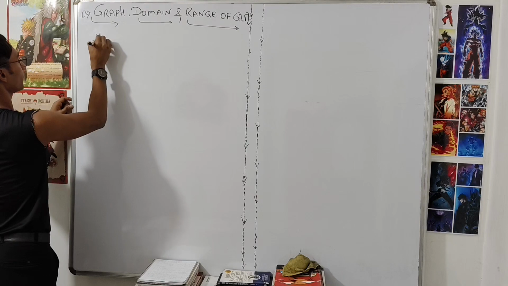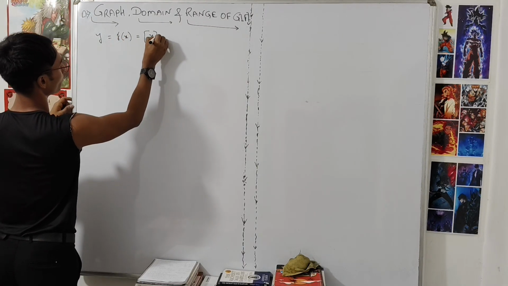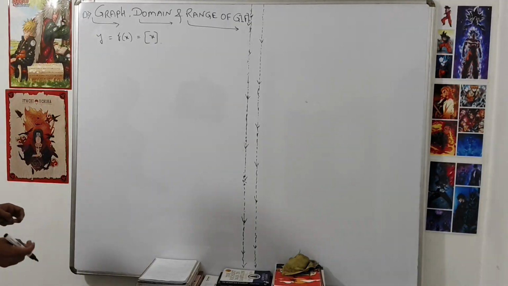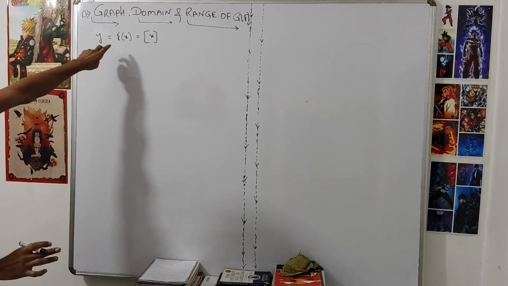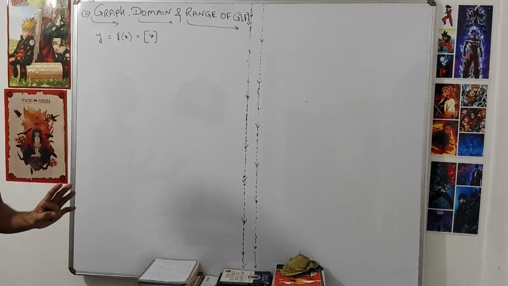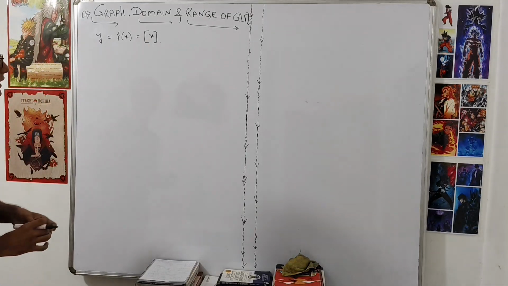Here in this case y equal to f(x), and this f(x) is equal to box x, right? If you put anything in f(x), you will always get an integer value.